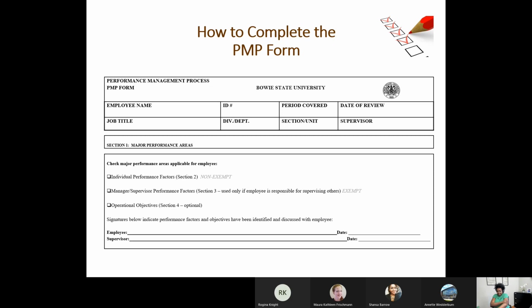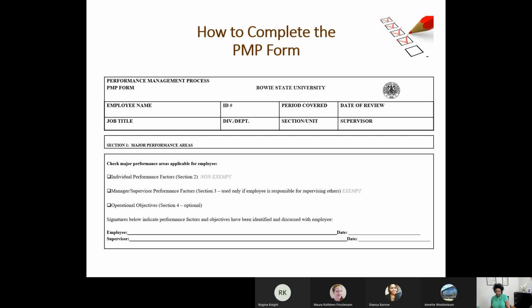The operational objectives is a section that you can use for work that is not necessarily written on their job description, but has come up, maybe in the form of a committee or a special project that they're going to be working on, or you're holding them responsible for. You're going to select operational objectives because they're going to be written in. Now the form is already preset, but the operational objectives allows you to add certain things in there.